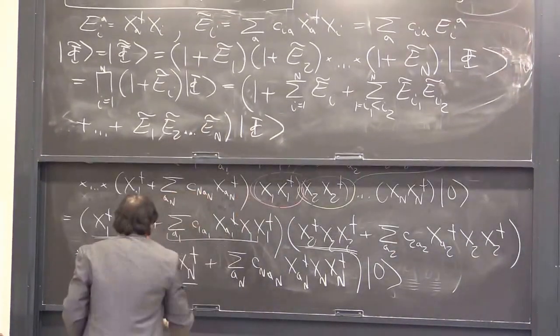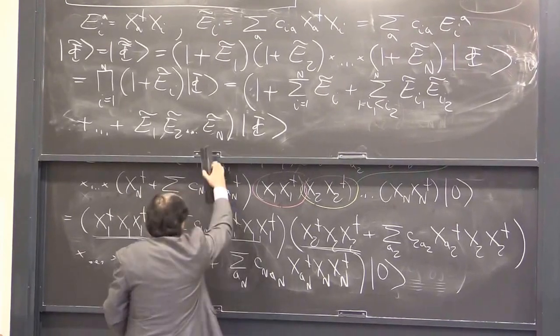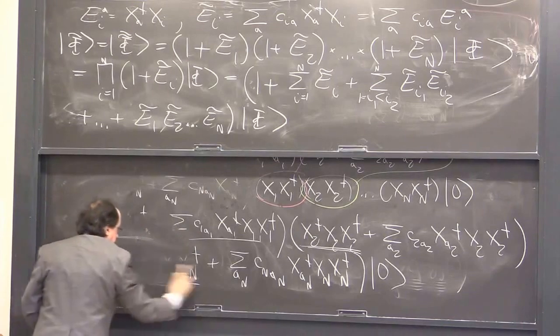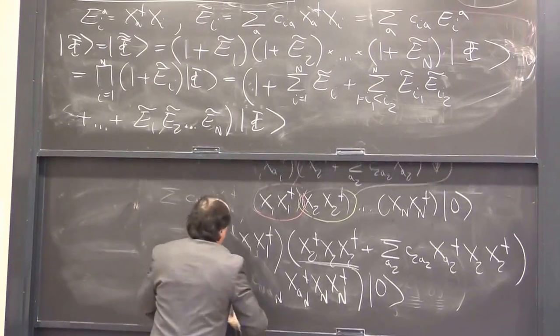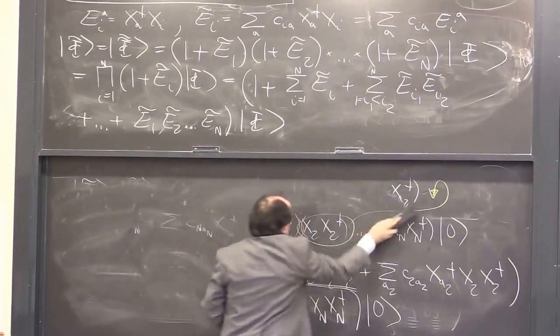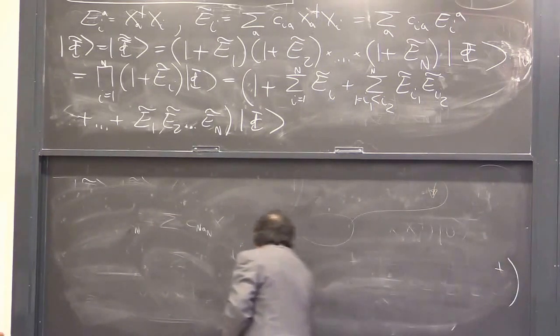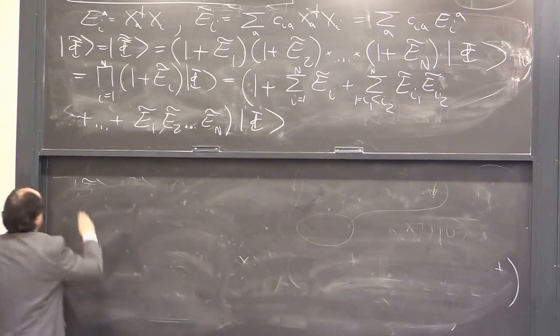Well, if this is a cluster-like expansion, then of course we can now do tricks that you normally do in cluster expansions. That is, I can group these terms according to the number of E operators and then have an expansion that looks like this.